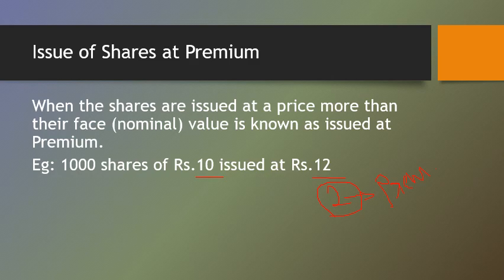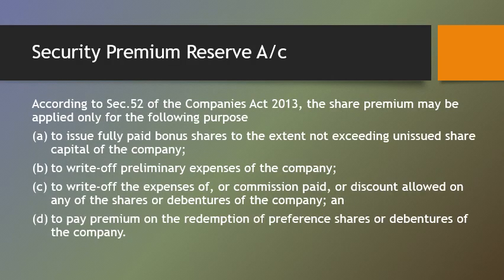Now we will see the accounting treatment of issue of shares at premium. As I have already said, this premium amount will be transferred to an account called security premium account, the account where the premium amount of shares is transferred.